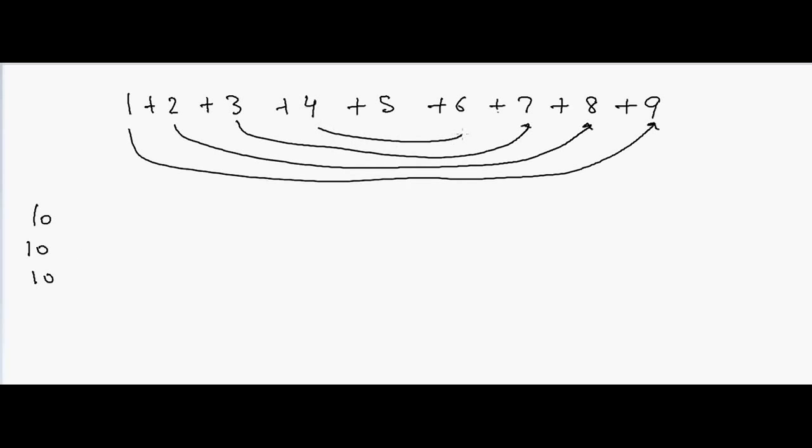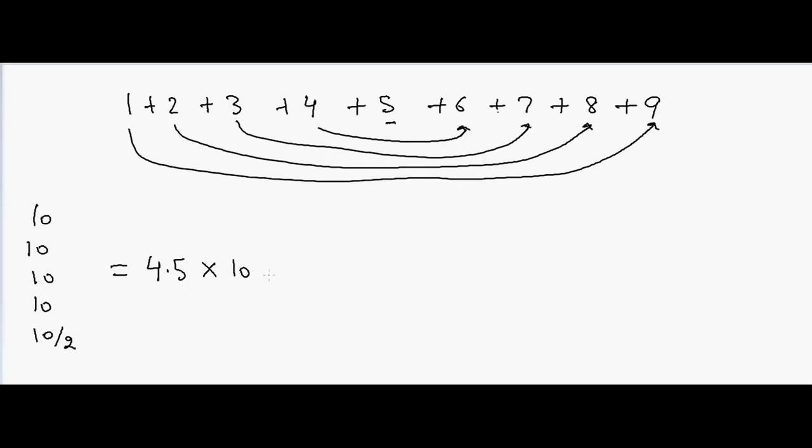Then we can add 4 and 6, one more 10, and then we are left with a 5, which is half of a 10, so 10 divided by 2, you can say. So in total we have 4 tens and half of a 10.